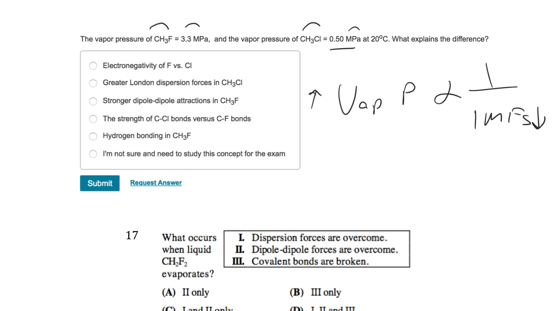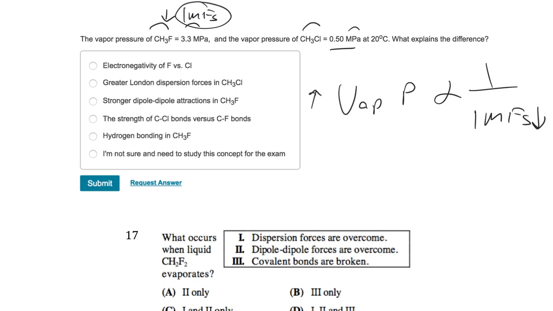So we weaken the intermolecular force, we increase the vapor pressure. So this must mean that CH3F has the weaker intermolecular force, because that's what gives it the overall greater vapor pressure compared to CH3Cl.